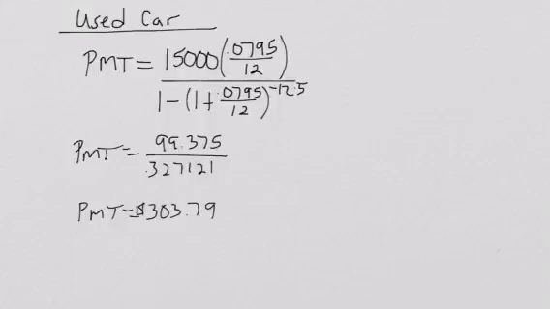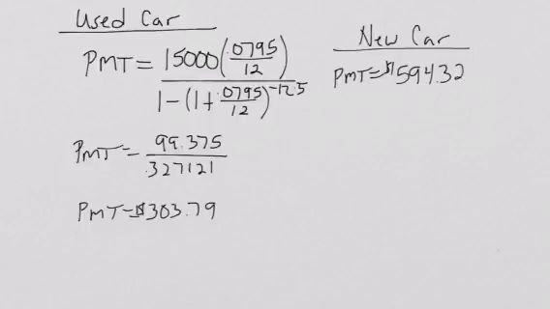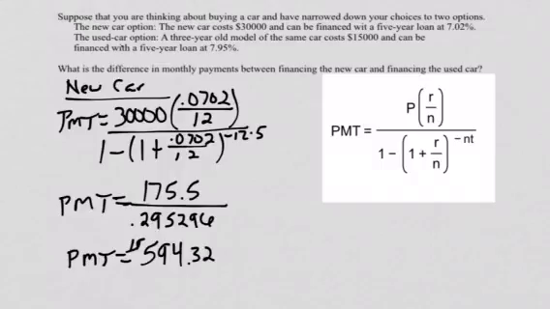Okay, and so if we just recap, for the new car we found our PMT to equal $594.32. The question asked, what is the difference in monthly payments between the two types of financing?